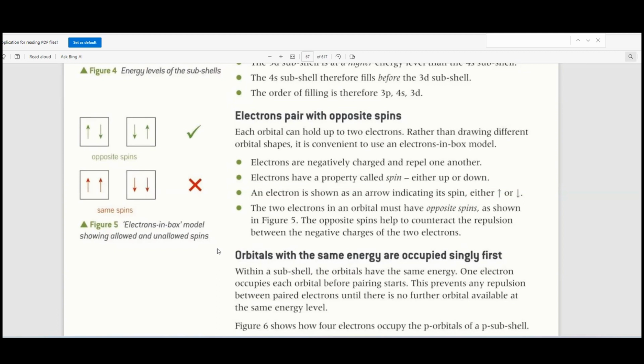I forgot what it was. Because of the spin, I think because of Fleming's left-hand rule. Yes, Fleming's left-hand rule. I think that was it. So it has something to do with that. Because of that, some kind of opposite force is produced that counteracts the force of repulsion, and they just stay together because of that.